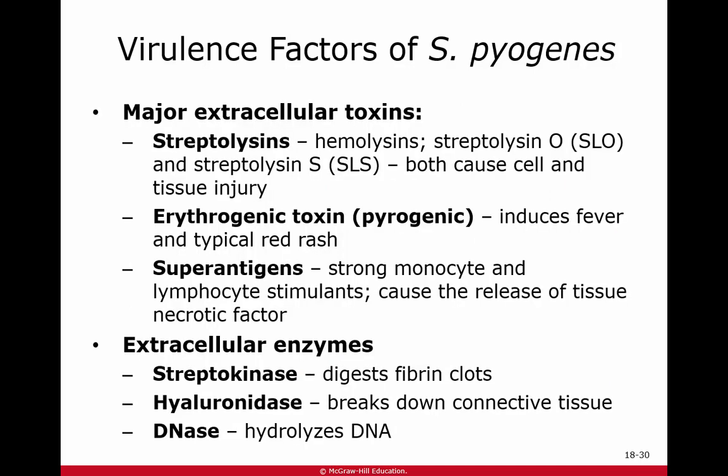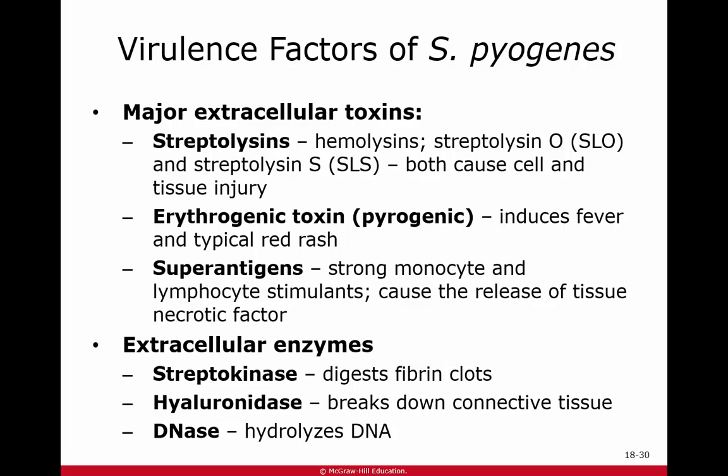Now, the major extracellular toxins are the streptolysins, and these are going to cause hemolysis, and they can both cause cell and tissue injury. The streptolysin O and streptolysin S. The erythrogenic toxin is pyrogenic, meaning it's going to cause a fever and a red rash.